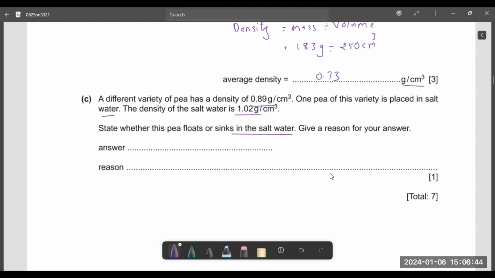So here we can see the density of the pea is less than the density of salt water. So when the density is less, it will always float. So the pea will be floating. Why is it floating? As it is less dense than salt water.